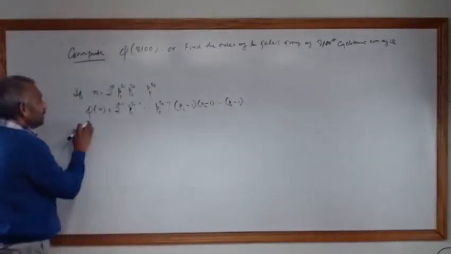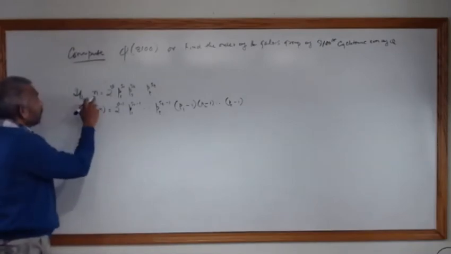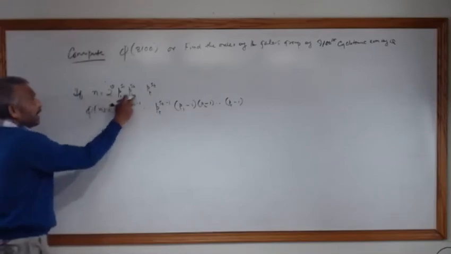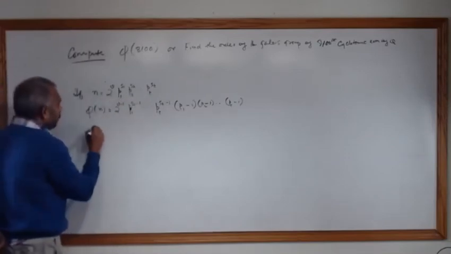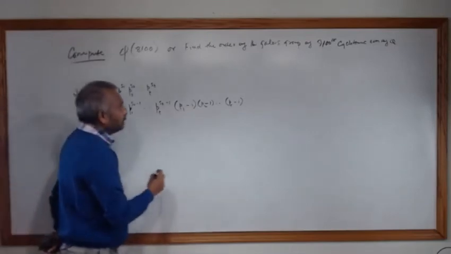So this is actually a result from number theory. All we need to do is factorize 8100 like this. So we need to find out the factorization of 8100.